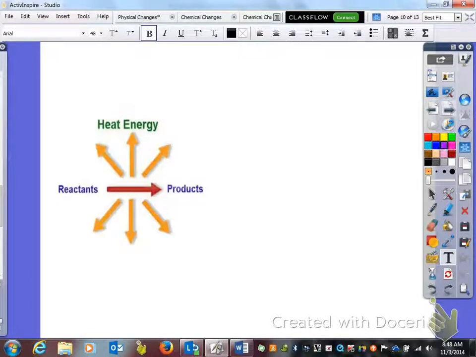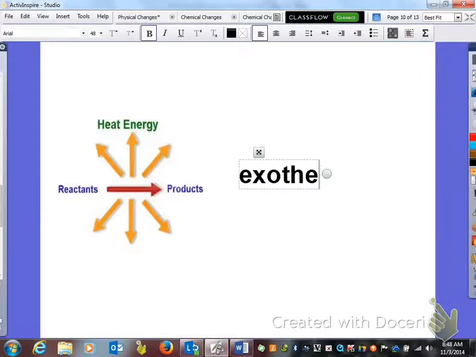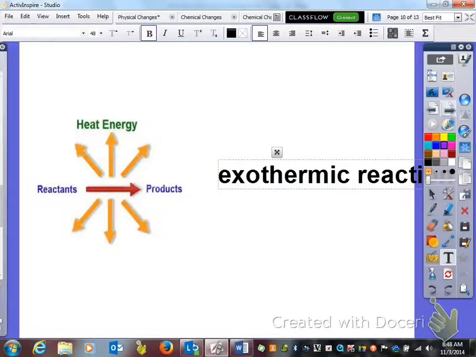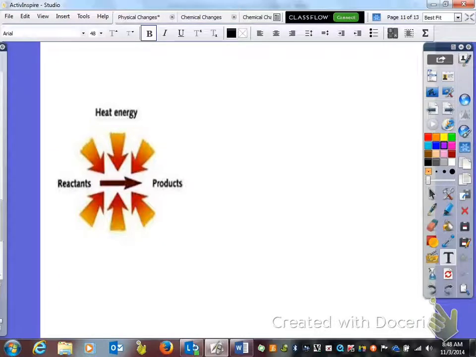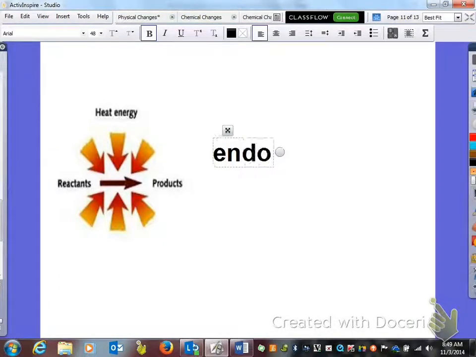Also, if heat energy is given off, I'll tell you this one, this is an exothermic reaction. The next one, heat energy is being absorbed and it's going to feel cold. So you have endothermic.